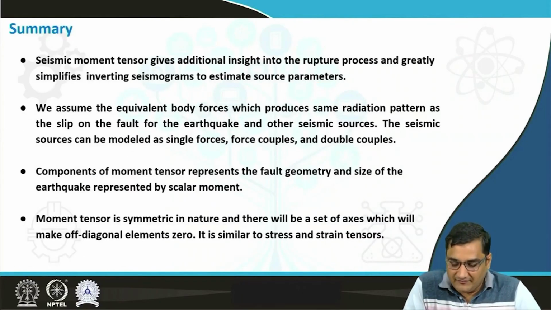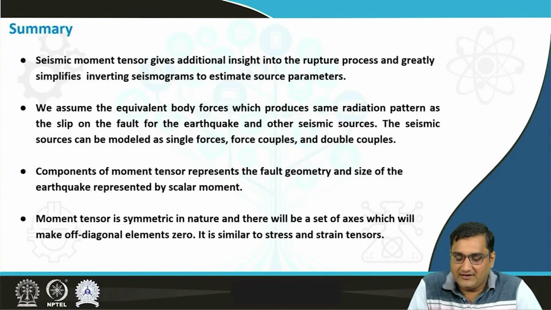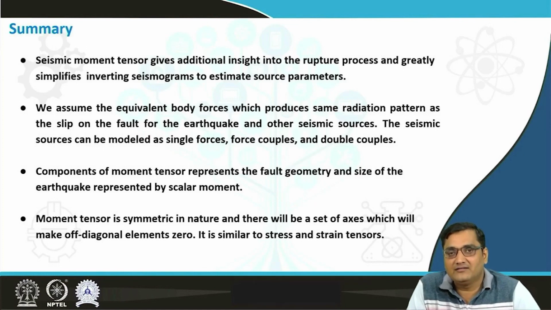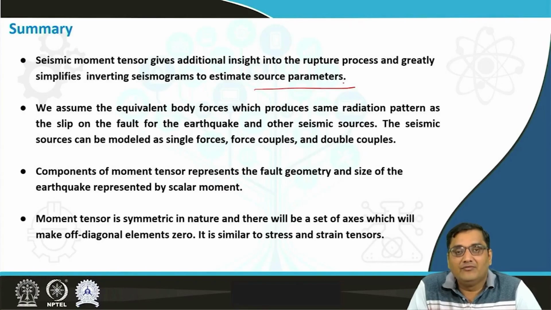In summary, we can say the seismic moment tensor gives additional insight into the rupture process and greatly simplifies inverting seismograms to estimate source parameters. We assume the equivalent body forces which produce the same radiation pattern as the slip on the fault for the earthquake and the other seismic sources.